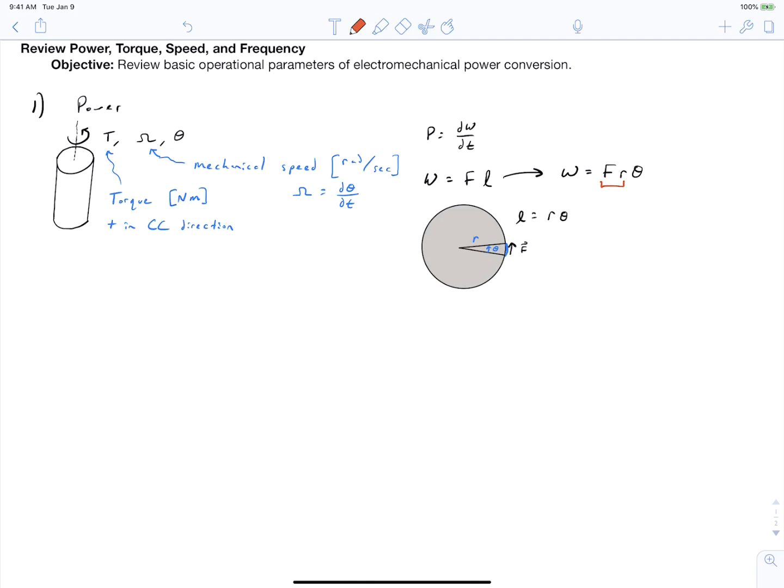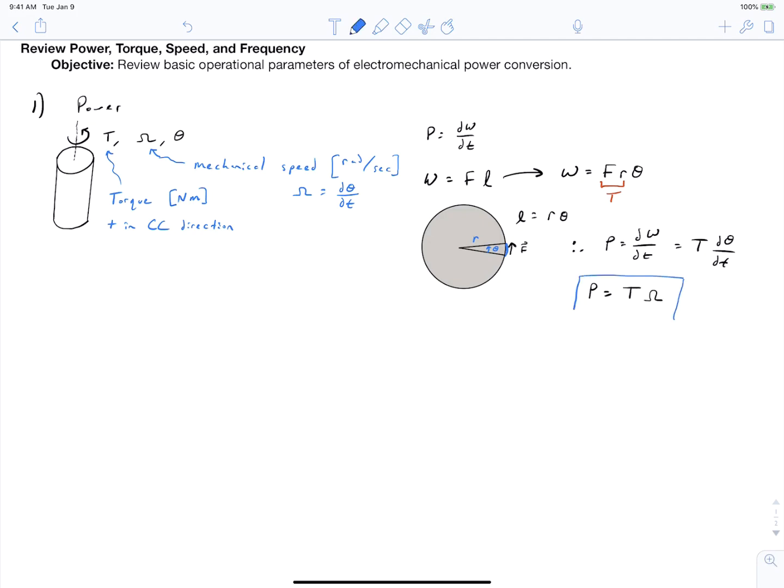You should recognize this expression as just being torque. Torque is equal to force times the radius when the force is tangential to the radius. And we finally get that power is equal to torque times our mechanical speed.